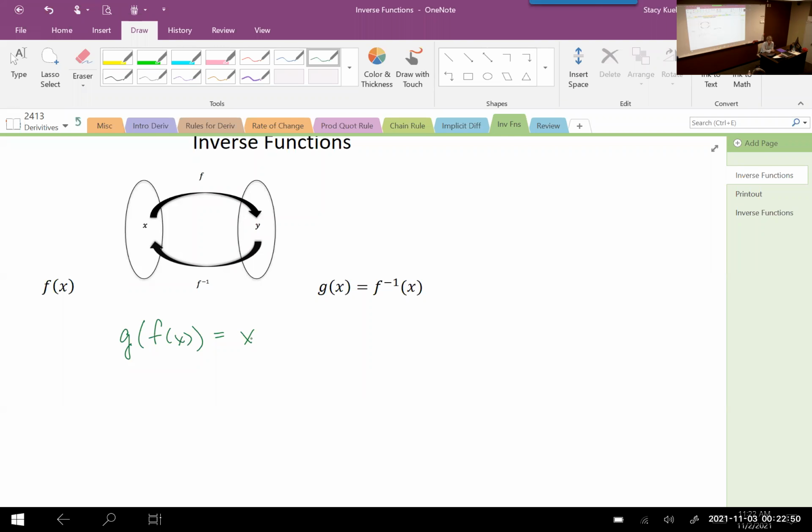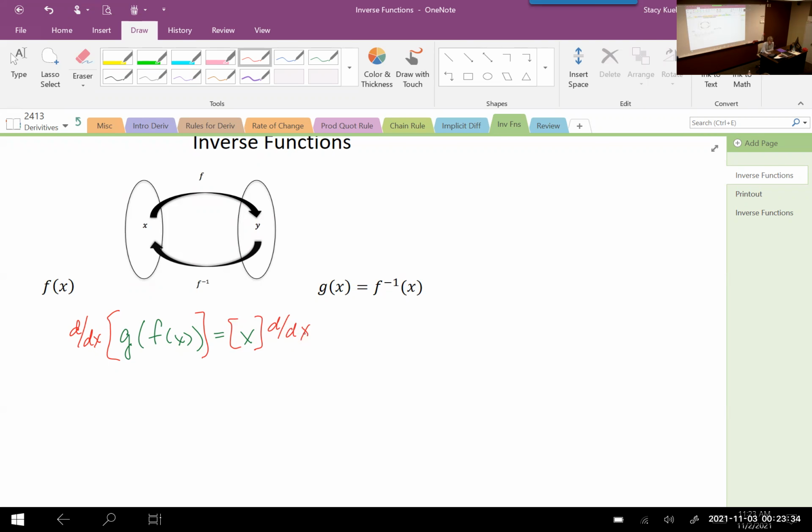So if we want to now put this in the idea of derivatives and calculus, we start with this property, g of f of x, and let's say that I want to take the derivative of both the left and the right sides with respect to x. We're going to do that using the chain rule, because I have some stuff going on on the left-hand side.